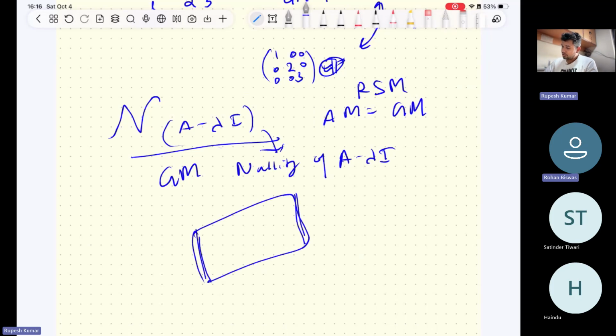So in this space, you can always choose two orthogonal vectors.